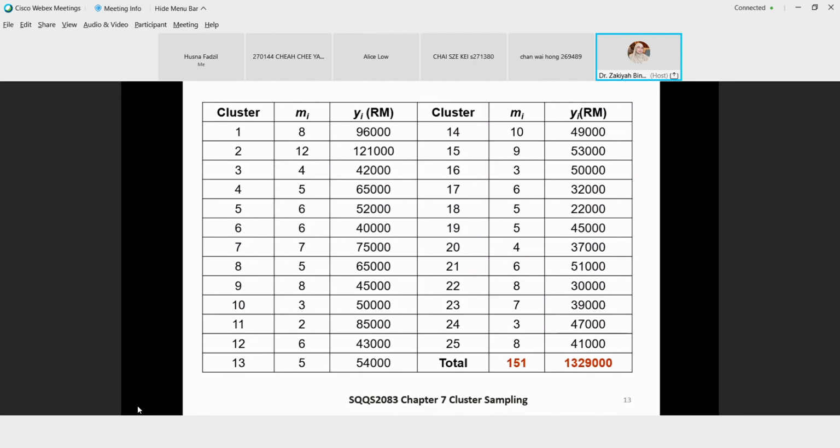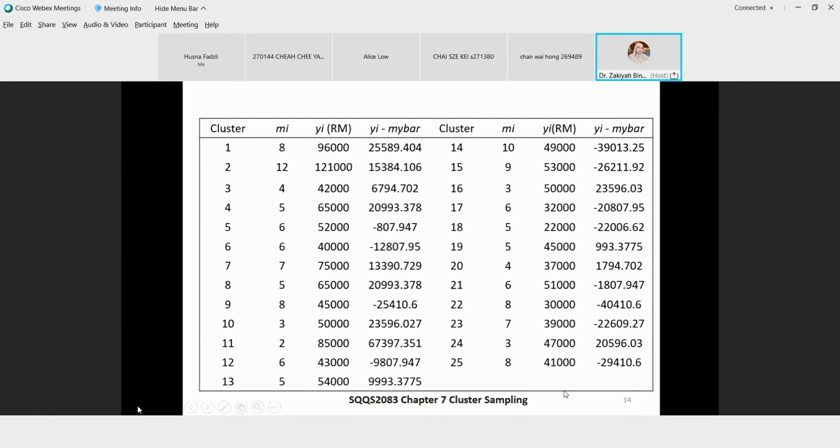Let's move to the next slide. What do I do next? We'll look at the formula. What are the values that you need to compute to answer that question? From the table just now, you're going to have to add this, y_i minus y bar. What was the y bar just now?